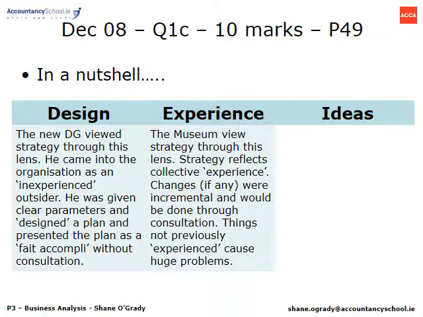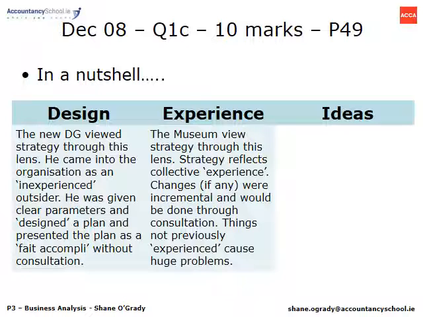However, the problem is that the organization in which he was trying to impose this design lens strategy was an organization that was used to viewing strategy in no other way than through the experience lens. The idea is that the museum had, through its own heritage, built up a collective experience.